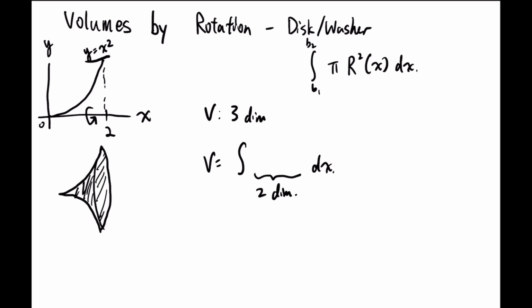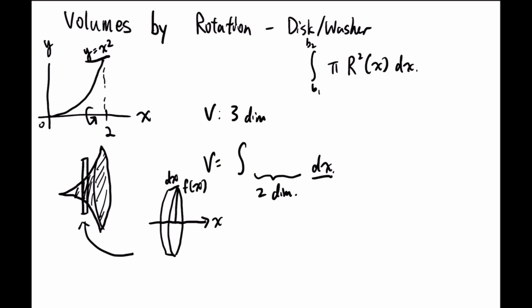So just thinking about this for a second, this dx still means the same thing as it did in area, right? It's just one slice, one particular infinitely small width of the shape. So if we look at this cross-section here, we have this infinitely small width dx, and this would be the x-axis, and the height here would actually just be the value of our function.